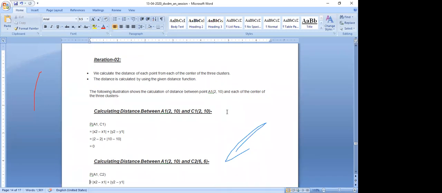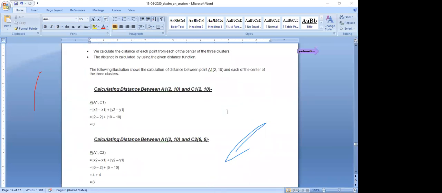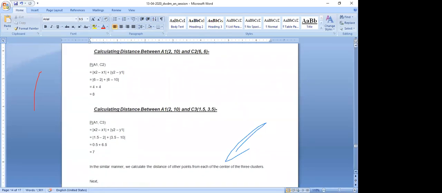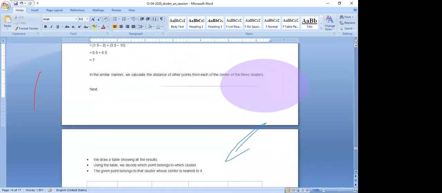But the center of cluster C2 has become 6, 6, because 5 data points were added to cluster C2. Again we calculate the distance for A1, then for cluster 2, and the same for cluster 3. In a similar way, we calculate for all the different points.